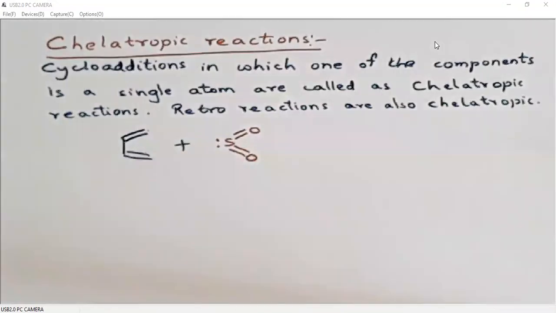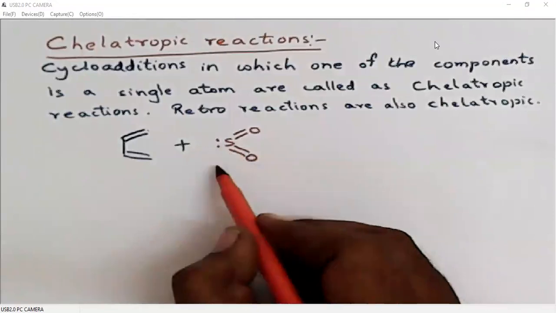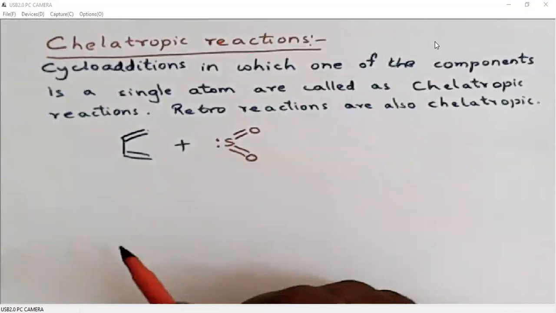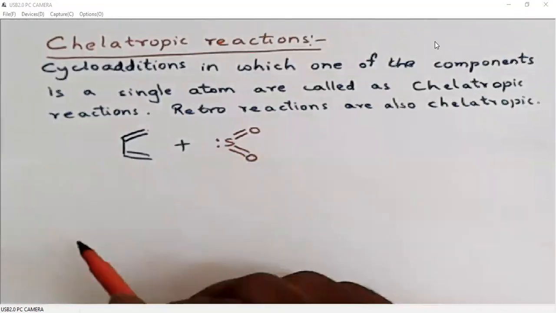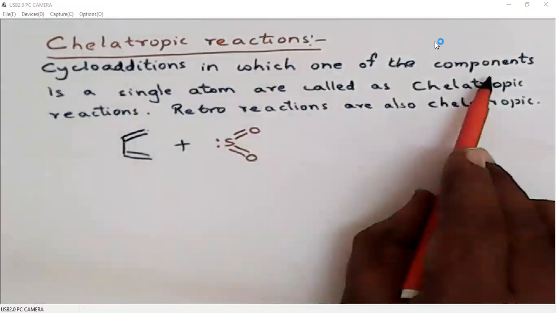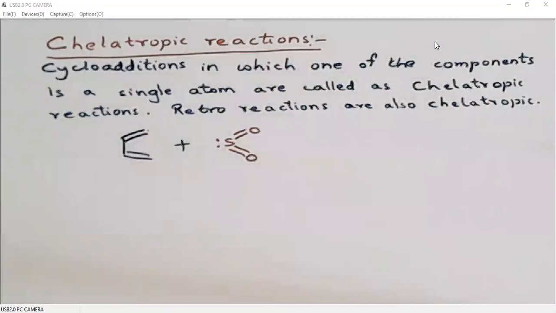That means sulfur is a single atom acting as a dienophile here. This type of cycloaddition reaction is called a cheletropic reaction. Cycloadditions in which one of the components is a single atom are called cheletropic reactions.